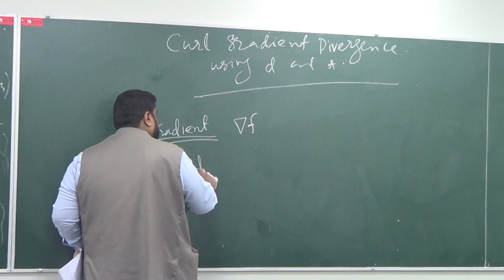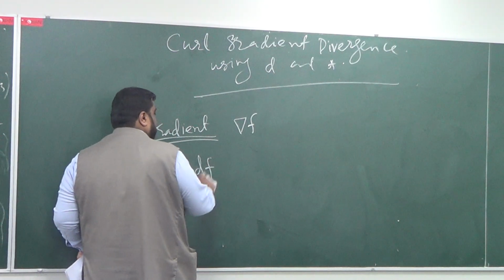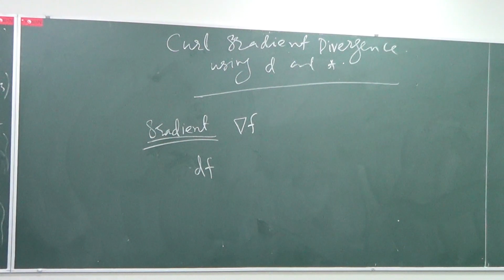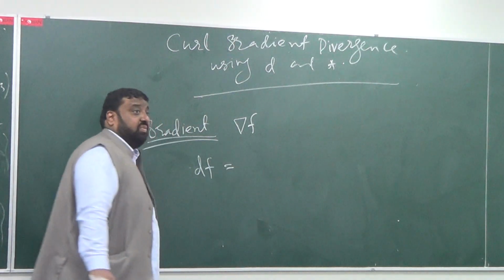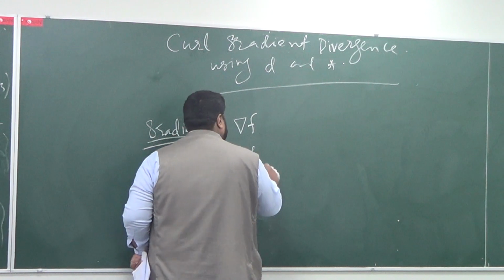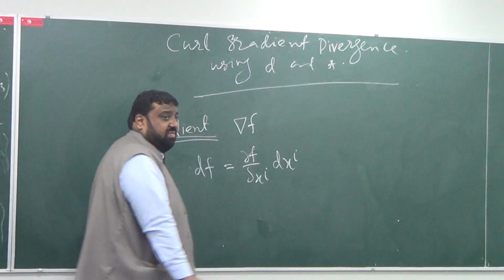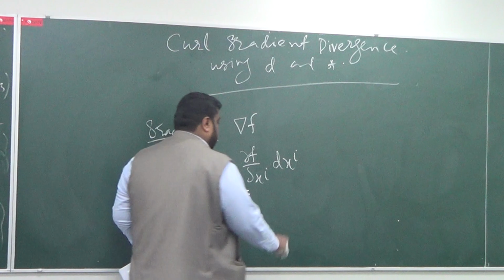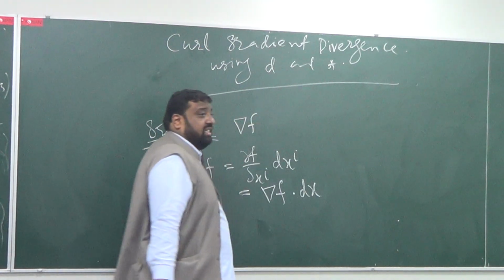So take the exterior derivative of this scalar field, or zero form, f. What are you going to get on the other side? We're going to get partial f by partial xi dxi. So you're going to get this one form. This form is the gradient of f dot product with dx.